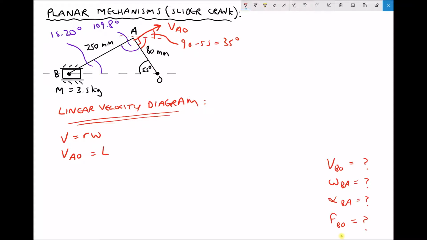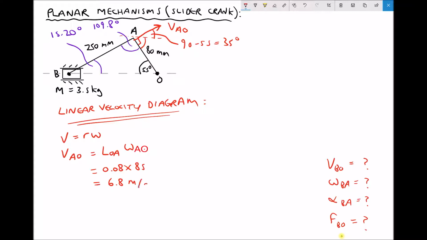So we have the length of the linkage OA, and the angular velocity was given in the question, and that was stated as 85 radians per second. Therefore, we have 80 millimeters expressed in meters, 0.08 times 85, which equals 6.8.